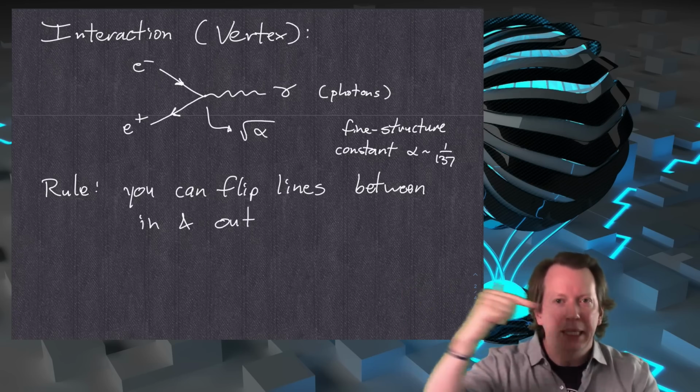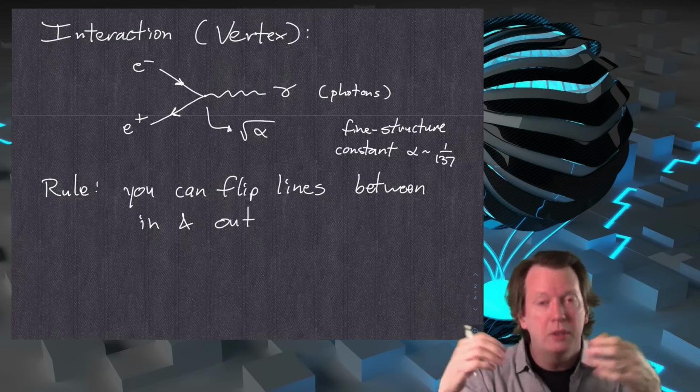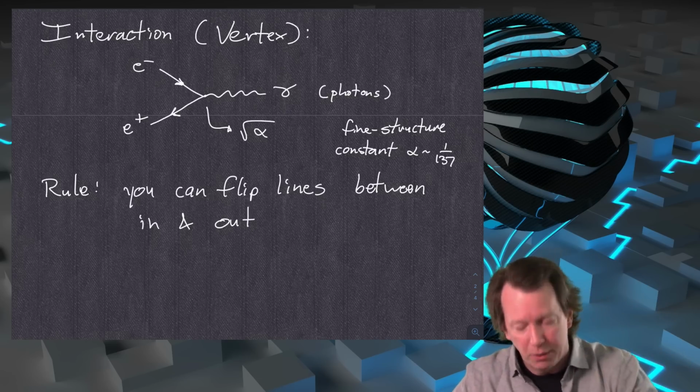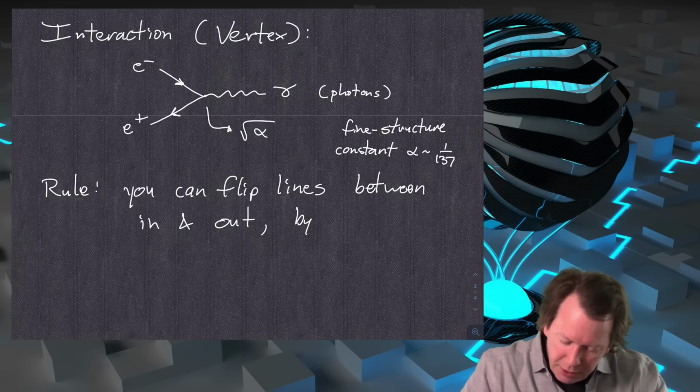So if a particle is coming in and it's an electron, and we have a certain diagram we can draw, then we know there is another diagram where the particle's coming out. And we just flipped it, literally sort of moving it over. The arrow now changes the direction in which it's moving. So by interchanging particles with antiparticles.